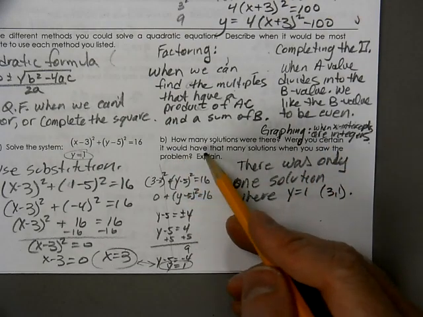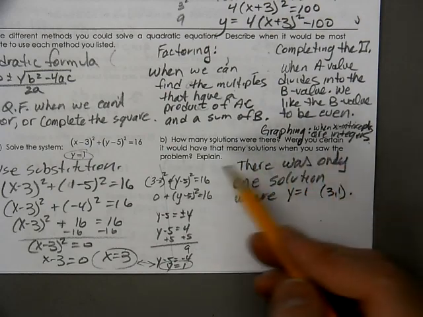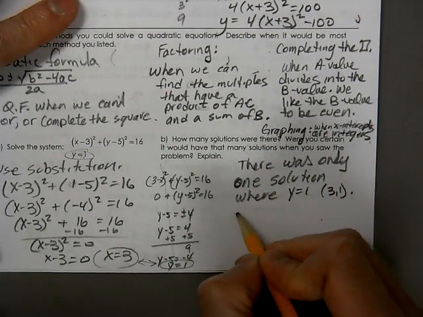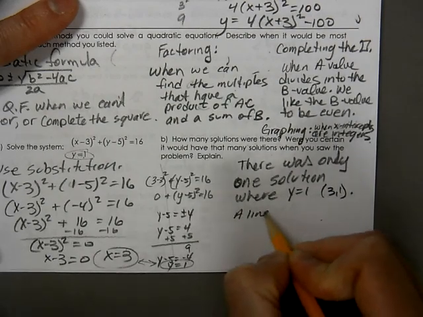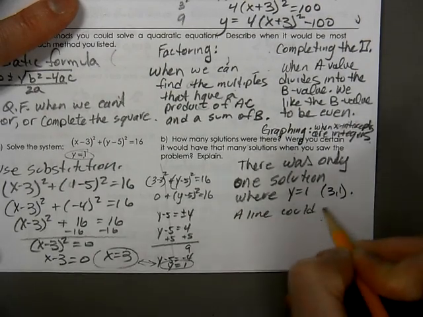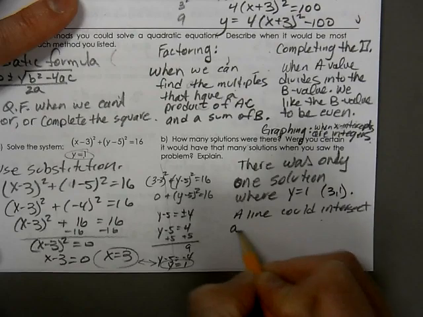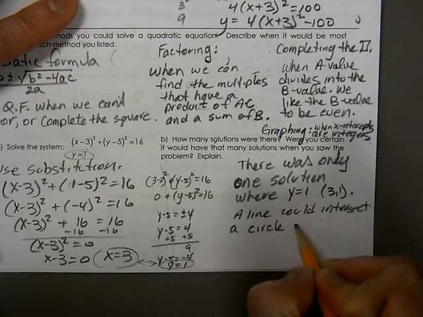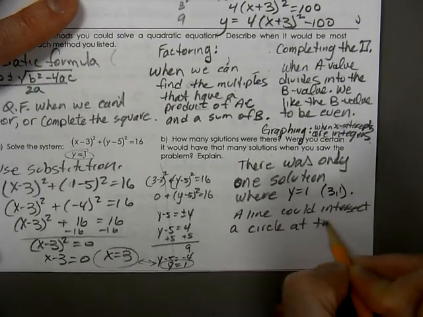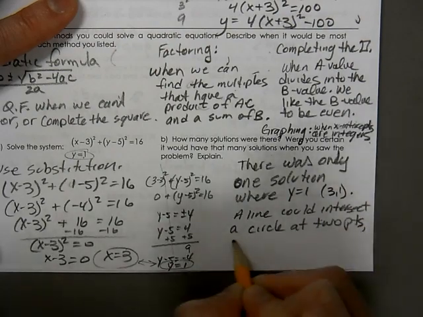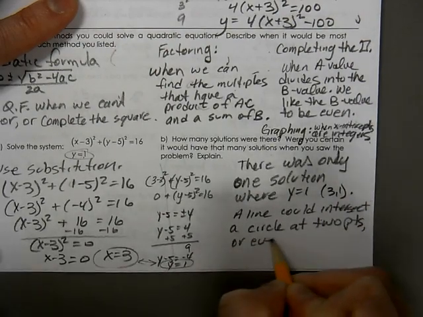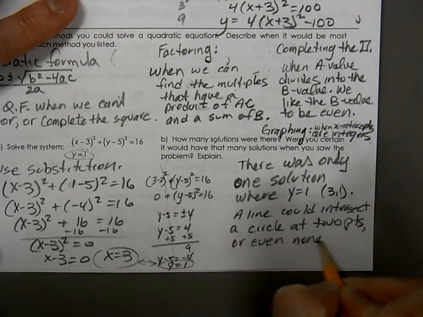Were you certain it would have that many solutions when you saw the problem? A line could intersect a circle at 2 points, or even none.